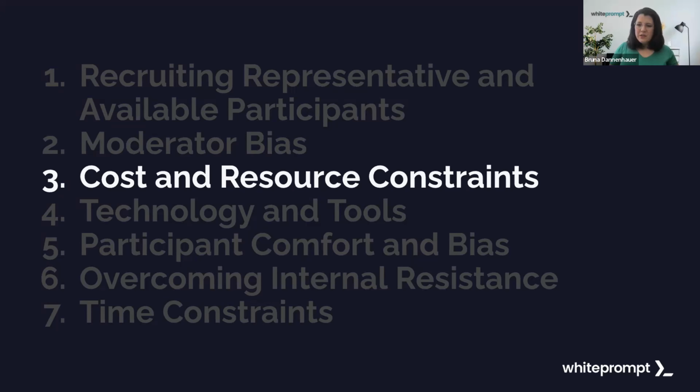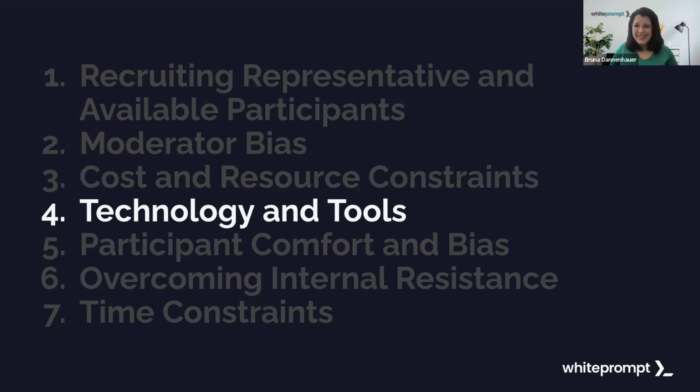Sometimes cost can be a constraint, right? Because you have to do it in little time, or you can't reward the participant to do it, so it might get harder in this way. Technology, the internet goes down, or you have a power shortage, or anything like that, it might be a problem as well.